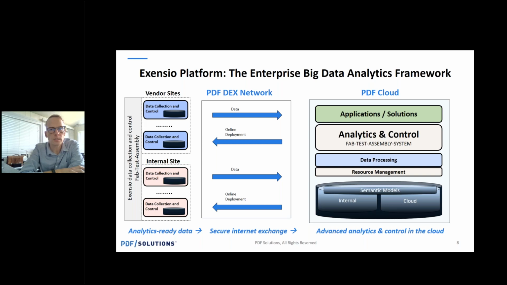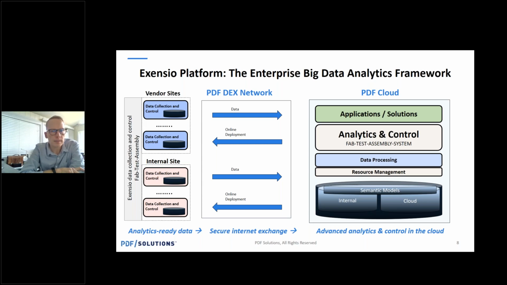And it also has the ability to push configurations, rules, models, etc., from the offline cloud back to your online systems. DEX is deployed at many of the top OSATs, can be embedded at captive sites as well, to provide comprehensive data collection of any data.